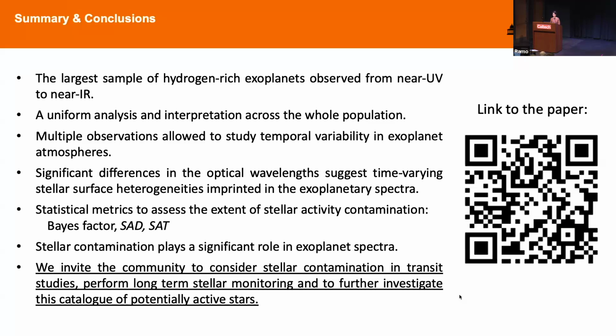And also, as a community, I think we should strive to perform long-term stellar monitoring for these stars, not only the ones that I presented in this sample, but in general for all stellar hosts. If you're interested in knowing more about the study, I leave here the link to the paper. This is going to refer you to the arXiv paper, because it actually has been published just today in ApJS.